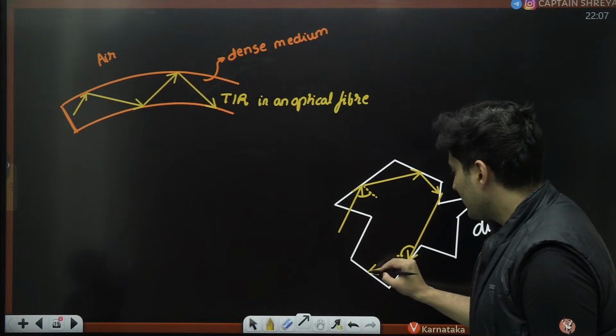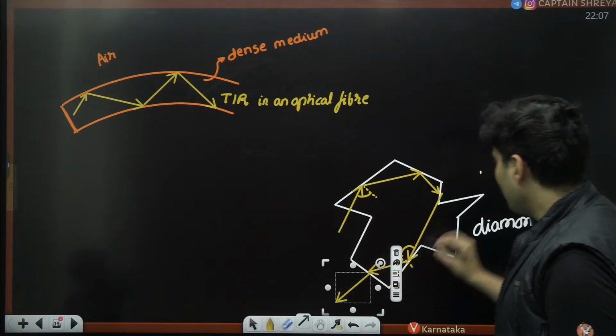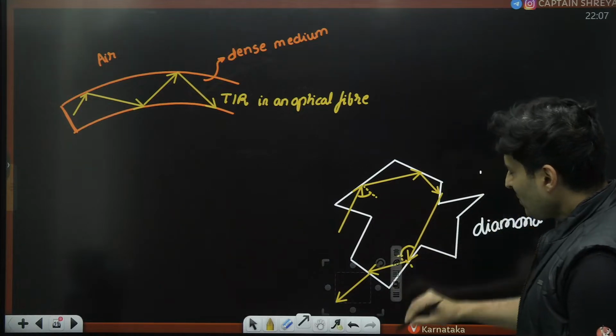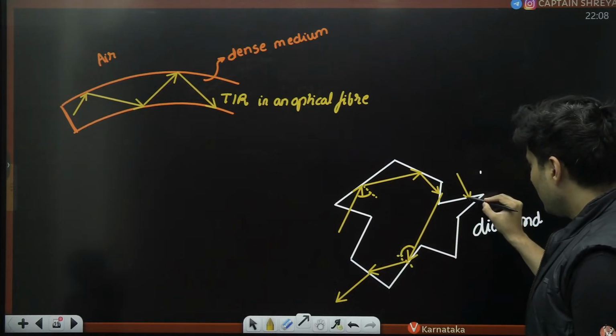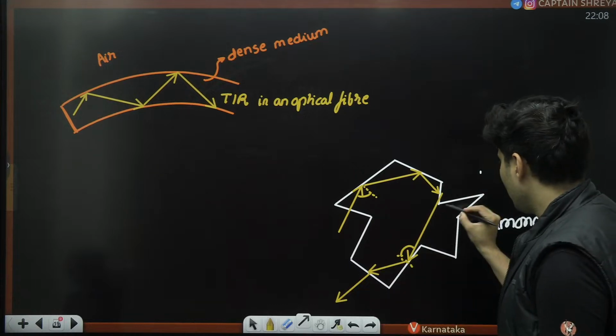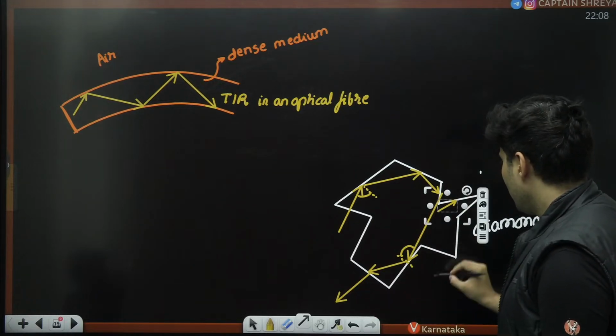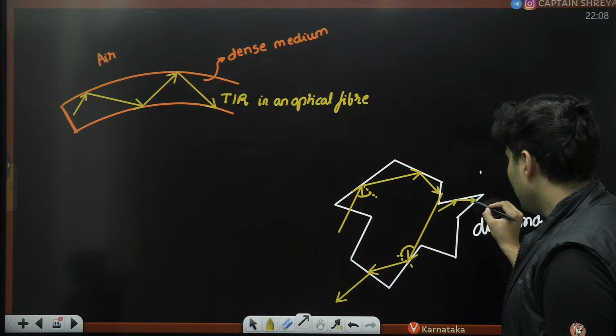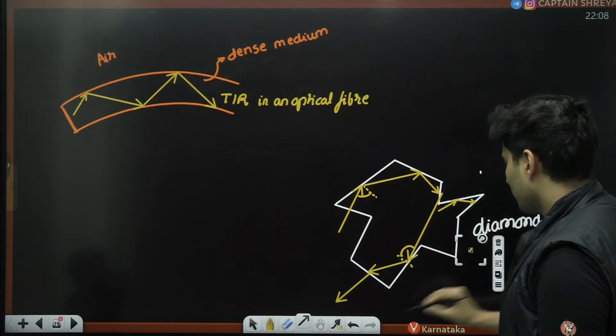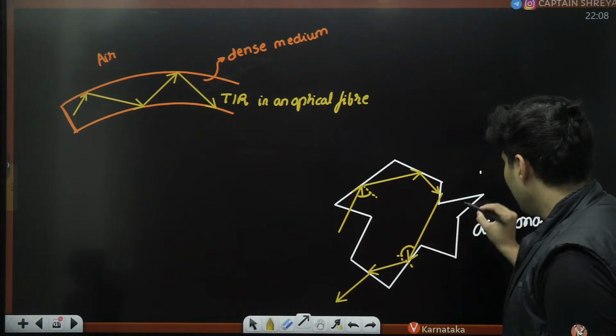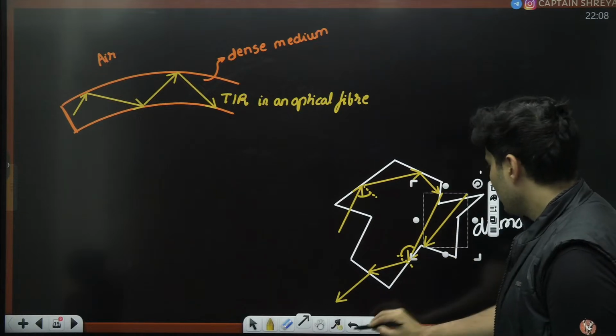Maybe it gets out from here. Maybe some other light coming from here might again get reflected many, many times. Some other light which is falling from here might again get reflected many, many times like this. I'm just showing some random things over here.